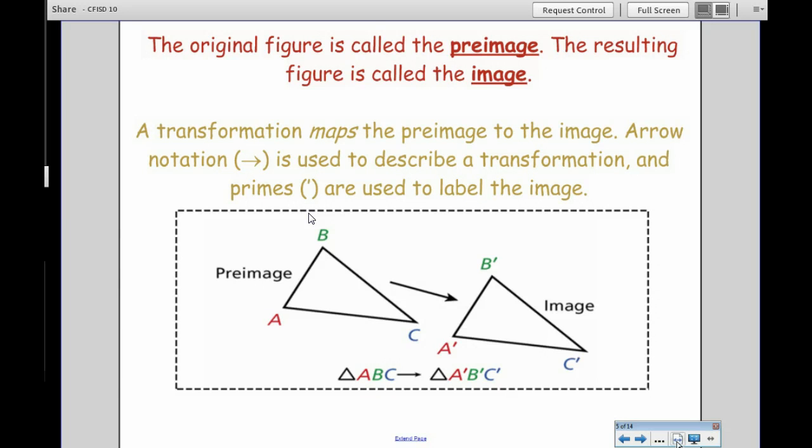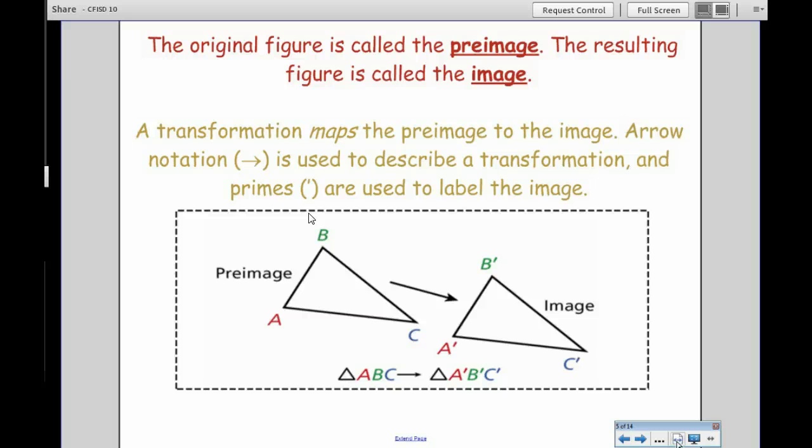So when you see an arrow, that is going to mean transformation. I know in congruent triangle proofs it meant then, but it means transformation. And when we transform a figure, we call it that figure prime. So A gets transformed and it becomes A prime. B becomes B prime. Kind of like Optimus Prime, right?